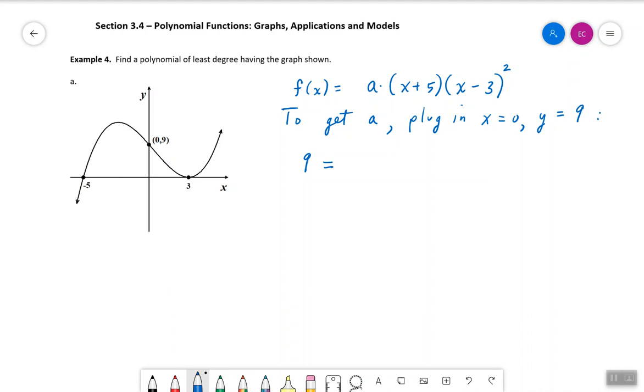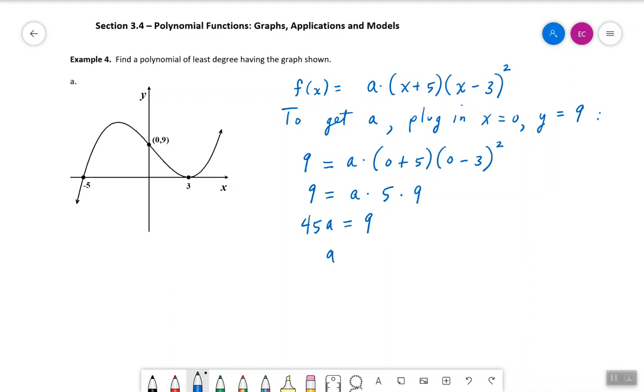It gets replaced by 9. 9 equals a times (0 plus 5) times (0 minus 3) squared. And then just solve for a. 0 plus 5 is 5. -3 squared is 9. So this is 45 times a is equal to 9.